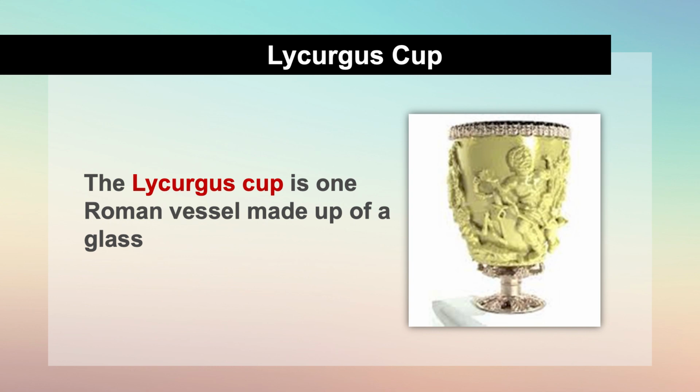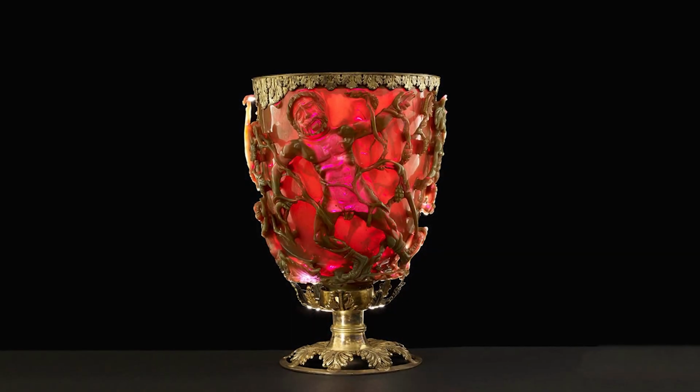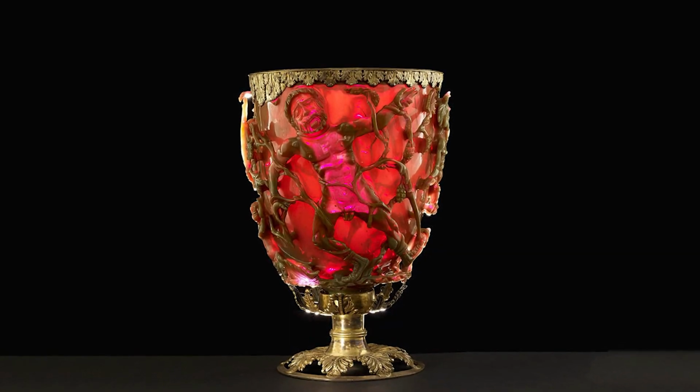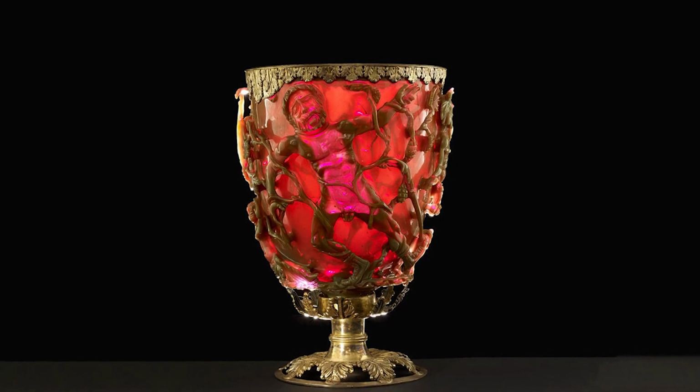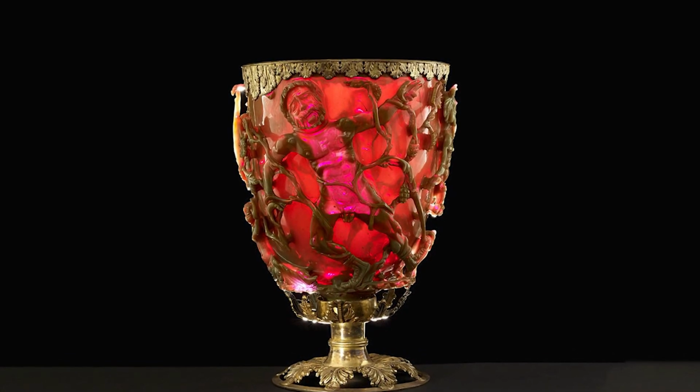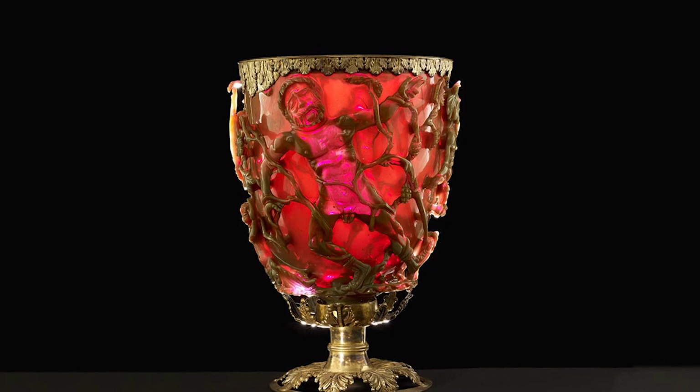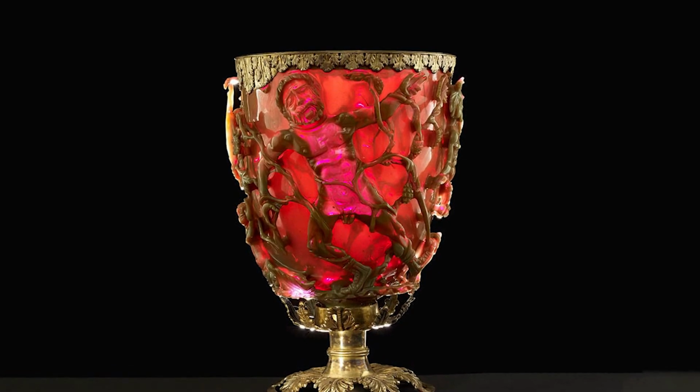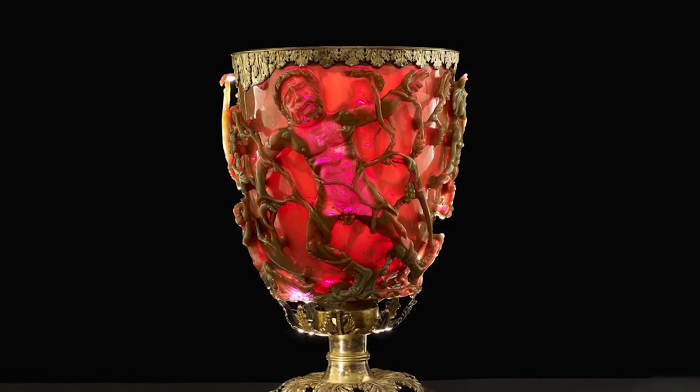This is the picture of the cup. You can see some decorations on the surface of the glass, and these decorations depict the legend of King Lycurgus, hence the name Lycurgus cup.